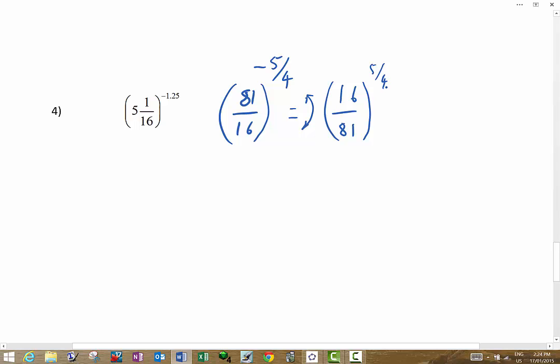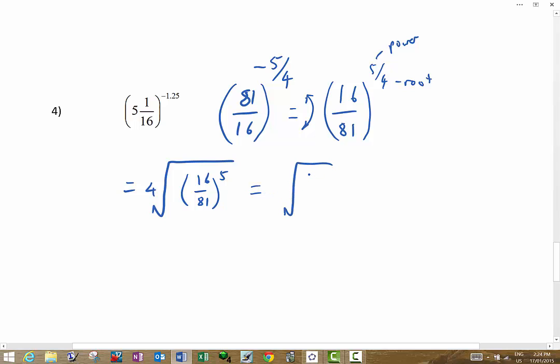to the 5/4, and then the 5 tells us the power, and the 4 tells us the root. So this is the same as the 4th root of 16/81 to the power 5, which I certainly can't do, and it's also the same as the 4th root of 16/81 all raised to the power 5.